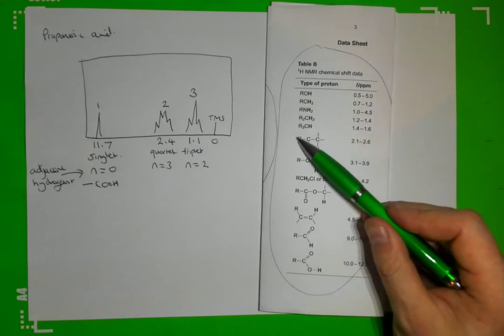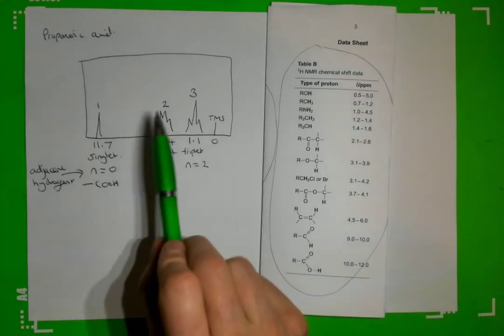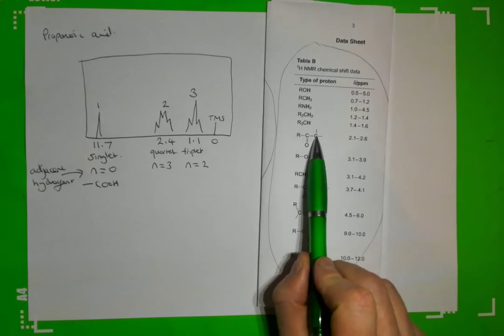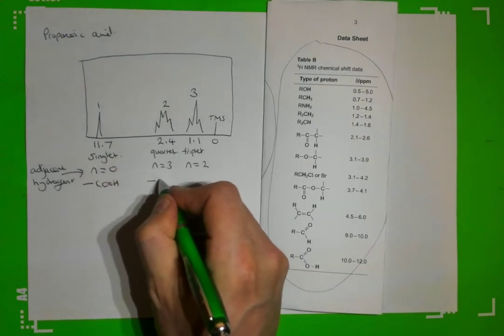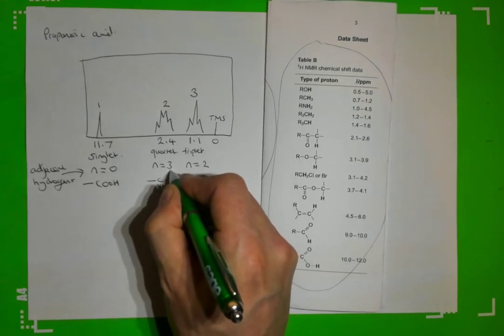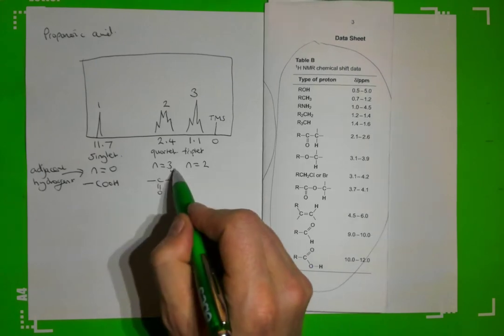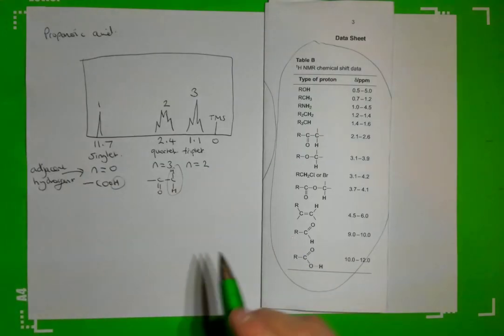But instead of just drawing that picture down straight away, I'm going to have a look at my integration ratio. Look, the integration ratio here is 2. So there's actually 2 hydrogens attached to this carbon. So it's going to be a CH2 group here, like that. That's that H there, remember.